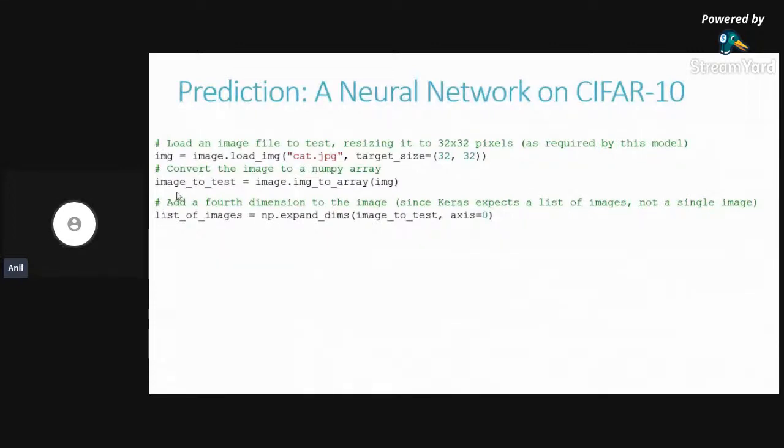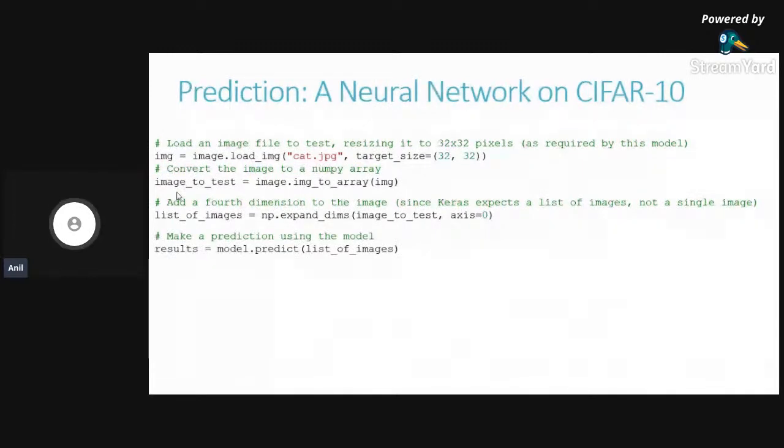The first dimension is the number of images, then width, then height, and the fourth dimension is the number of channels. So that means B cross W cross H cross 3 if there are three channels. So we are expanding the dimension, adding 1 at dimension 0. That means the input image will become 1 cross 32 cross 32 cross 3.